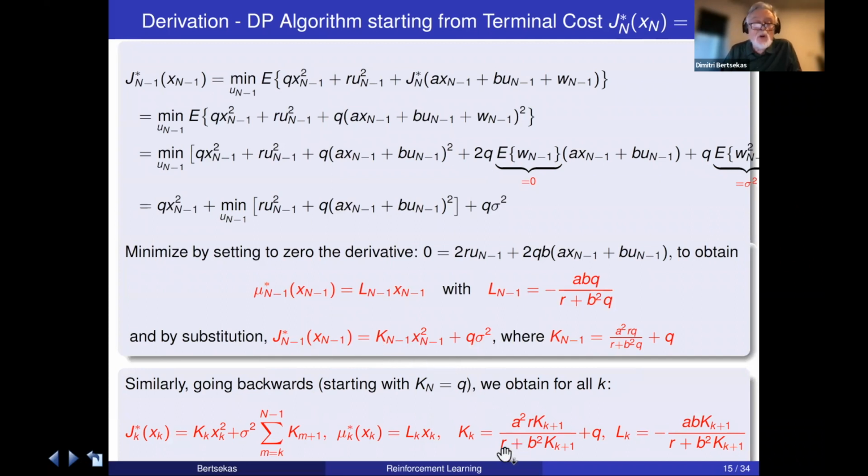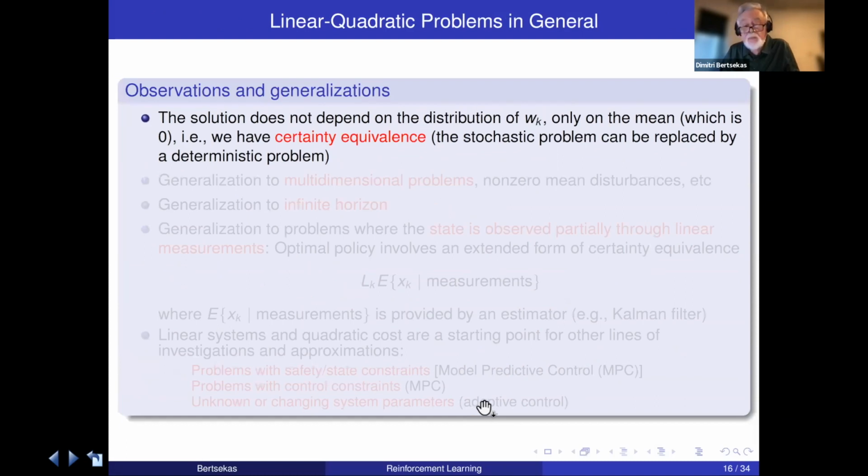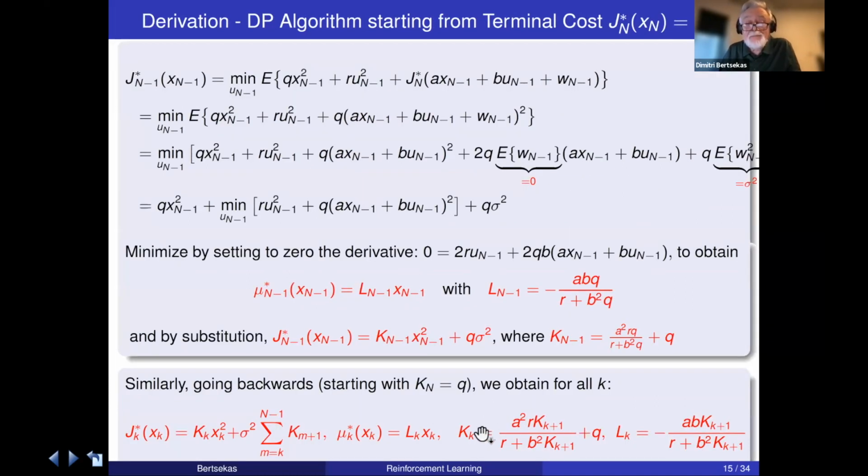It has the form, okay, the sequence of k's, capital K of k, is given by this expression here, from k plus 1, starting with Kn equals Q, I'm sorry. From k plus 1, we obtain k.